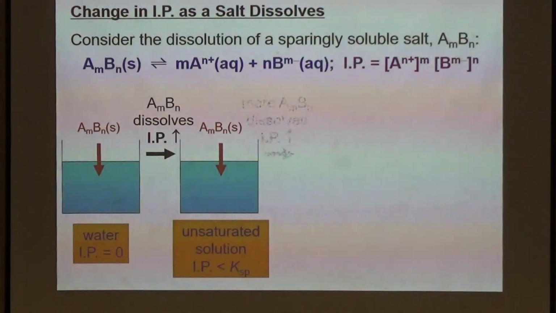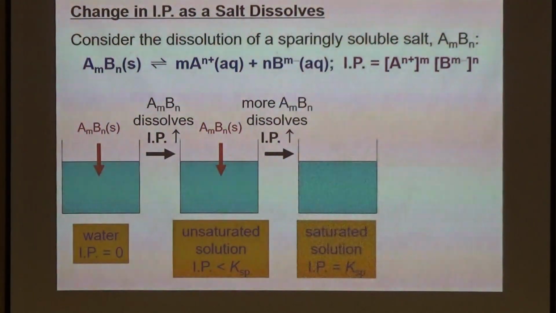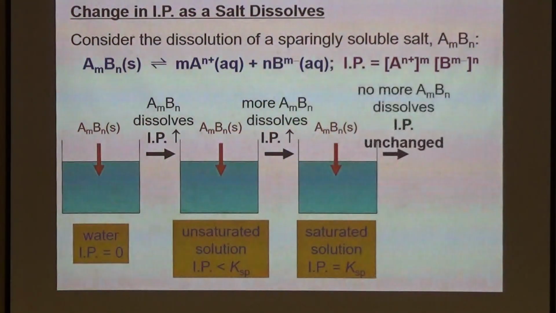So you add more salt, more dissolves, and the IP increases. Eventually you get a saturated solution. If you add some more, once it reaches saturation, no more salt will dissolve. There's a certain maximum. You can do this quite cheaply at home, even with sodium chloride.